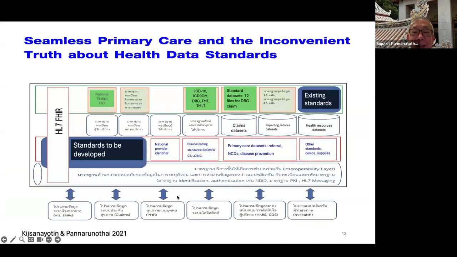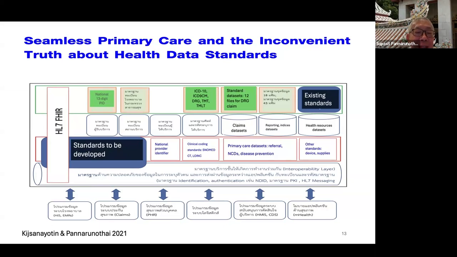This slide is also from the paper that I wrote with Dr. Bunchai, flagging the standard needed for the ultimate goal of analyzing the fragmentation of services, since a patient can use service anywhere.